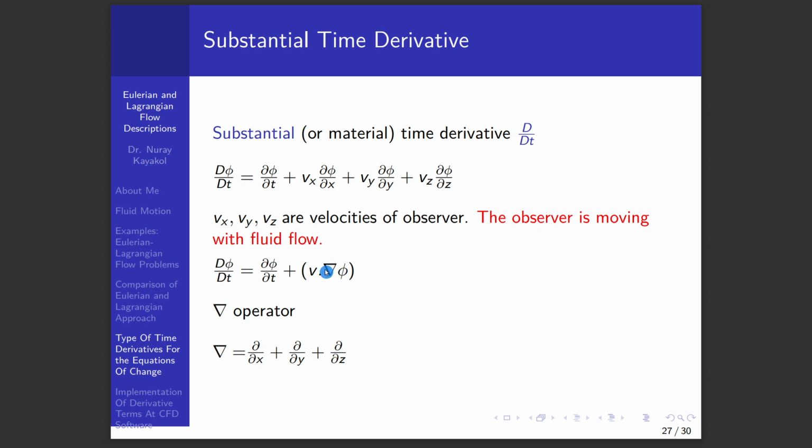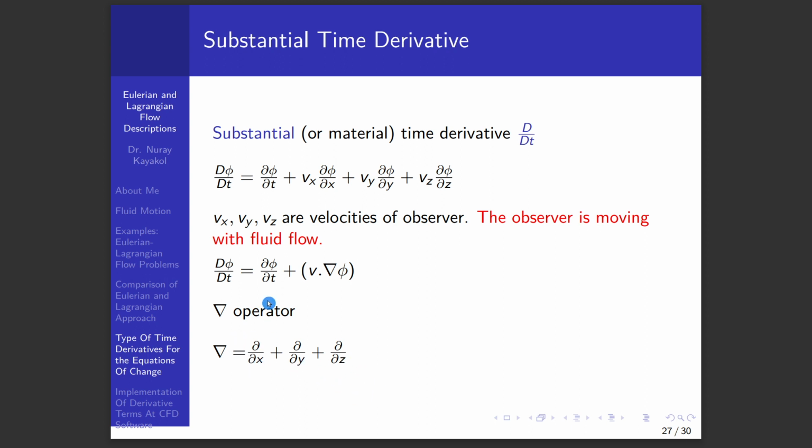Actually, I also use del for the partial derivative, so don't confuse del phi over del t, but this is commonly used. The nabla operator is also used as the del operator. The del operator is actually the summation of partial derivatives of the space coordinates x, y, and z.